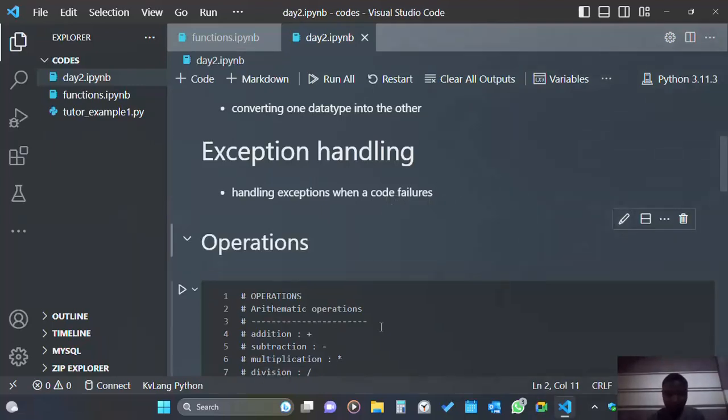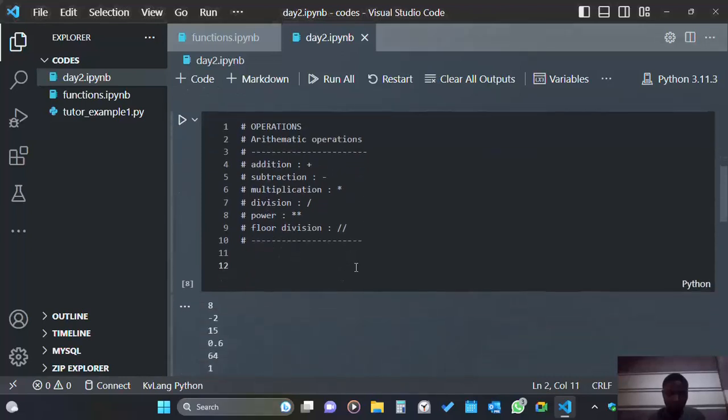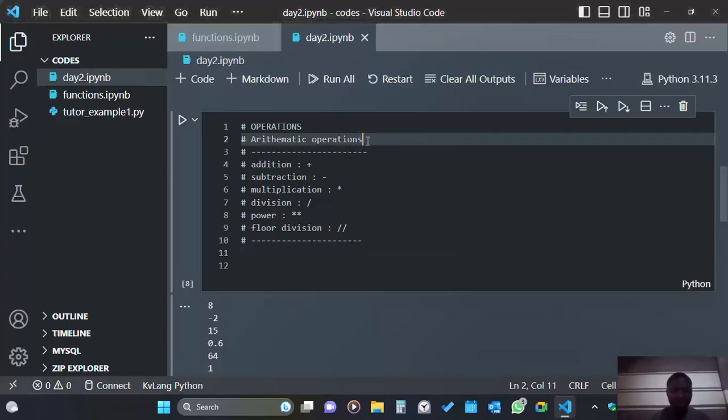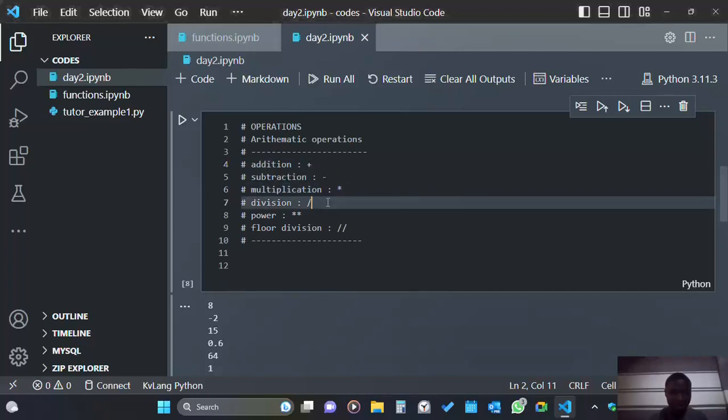Under the operations category, we have arithmetic operation. With the arithmetic operation, the basic arithmetic we all know from school is addition, subtraction, multiplication, division.